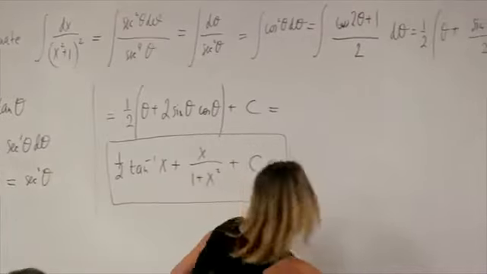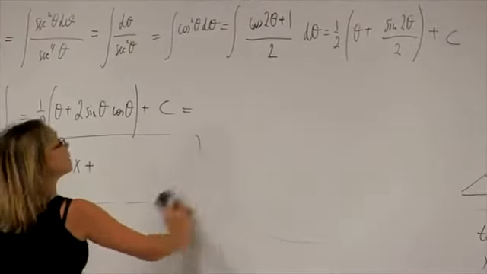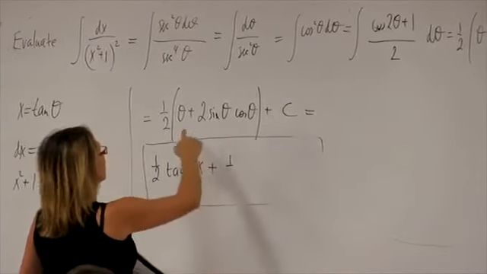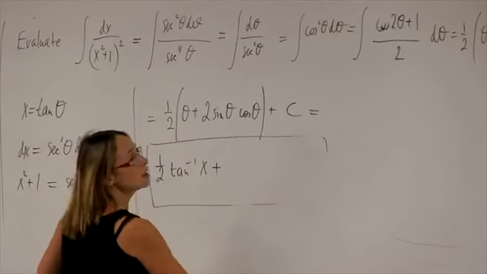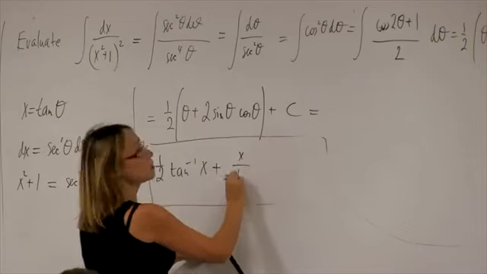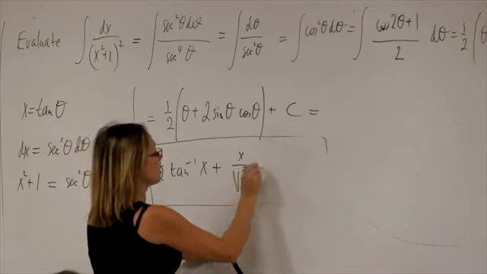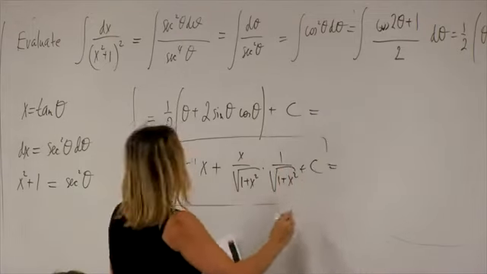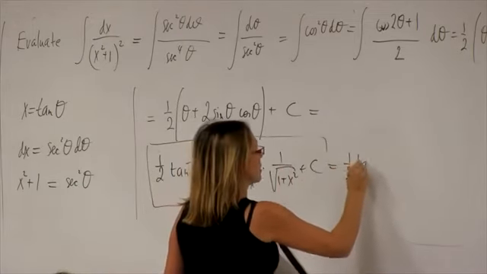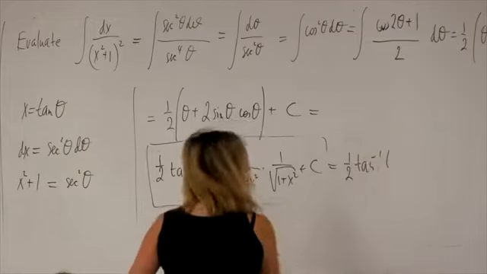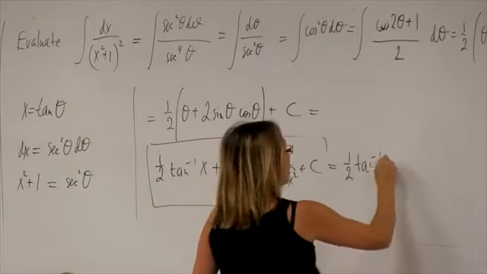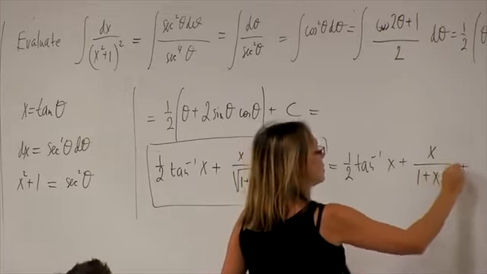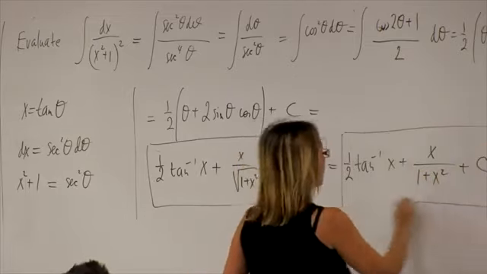Okay, I skipped one step. Let me not skip a step. So here I have sine is x over square root of 1 plus x squared times 1 over square root of 1 plus x squared, plus c. So this is 1/2 tangent minus 1 of x plus x over 1 plus x squared, plus c. So this is the answer.